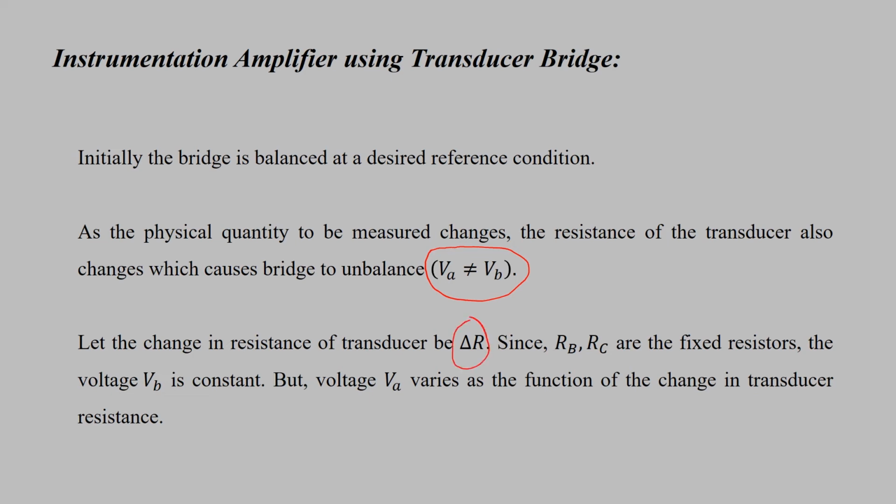Since RB, RC are fixed resistors, the voltage VB is constant, but the voltage VA varies as a function of the change of transducer resistance.